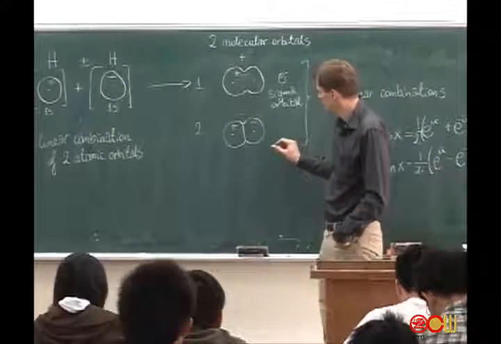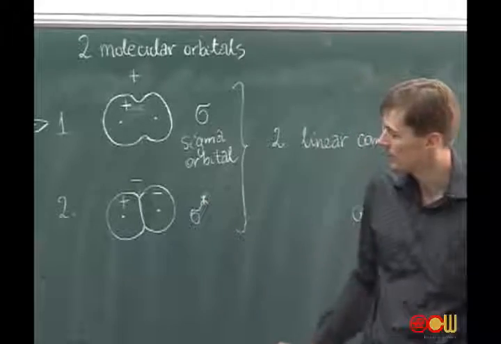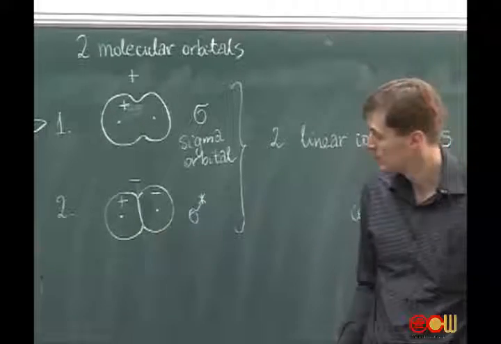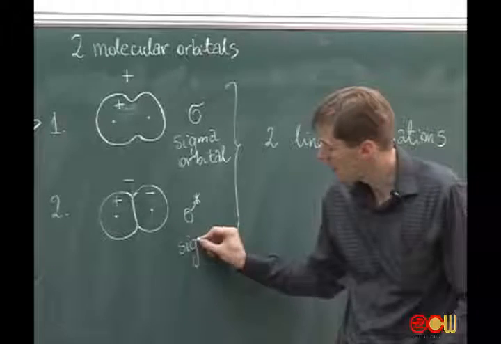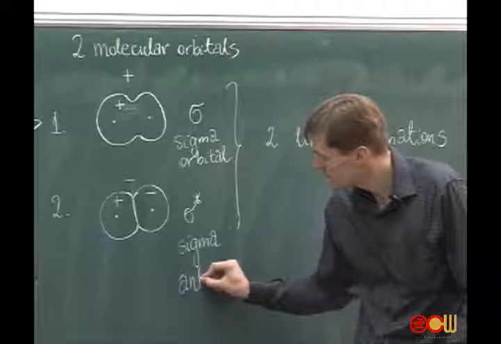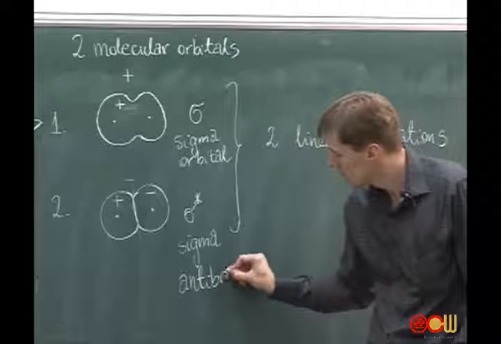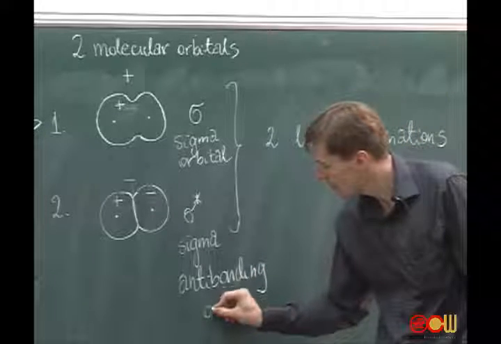And this one is called sigma with a star here. We say sigma antibonding orbital.